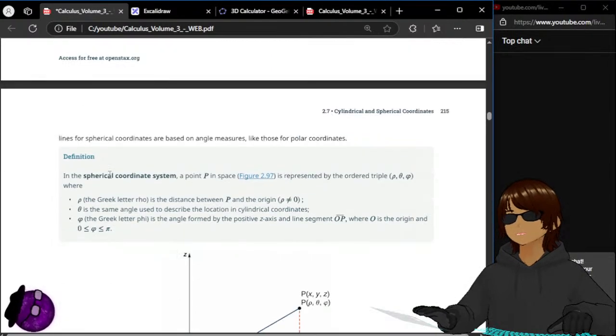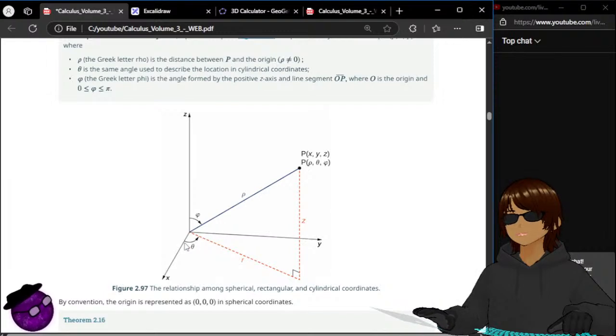Spherical coordinates. In the spherical coordinate system, a point P in space is represented by the ordered triplet rho, theta, and phi. Rho is the distance between P and the origin. Isn't rho like r? Theta is the same angle used to describe the location in cylindrical coordinates. Phi is the angle formed by the positive z-axis and the line segment OP, where O is the origin.